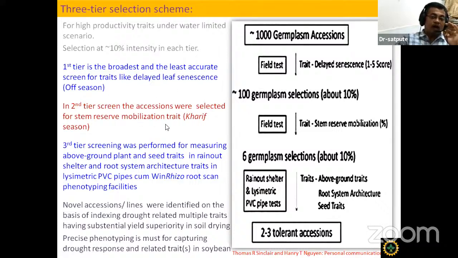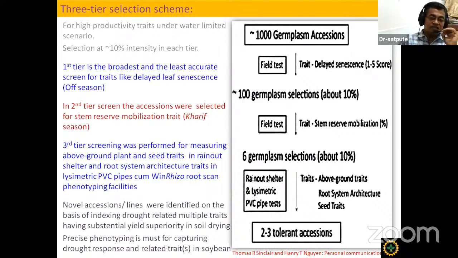In the second tier scheme, the accessions were selected for the stem reserve mobilization trait during Kharif season, and the advantage of this technique is that it can be done in Kharif season as well. The only thing is, there should not be rain at the time of pod filling stage.